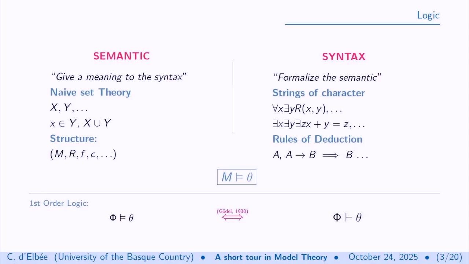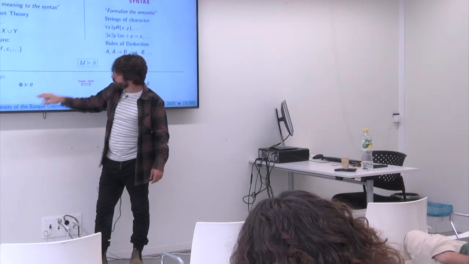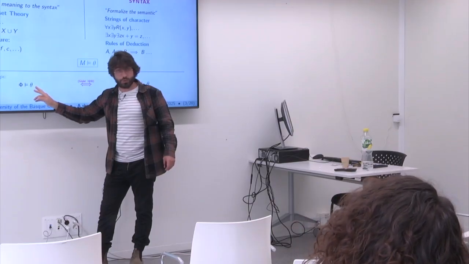And then you have this famous theorem of Gödel that I just mentioned out of folklore, let's say. It means that from a certain set of formulas, from certain axioms, I can deduce, using my rules of deduction, I can make a proof of this other sentence. And there is a notion of deduction which is more related to semantics, which means whenever I have a structure in which this holds, then this other sentence will also hold.